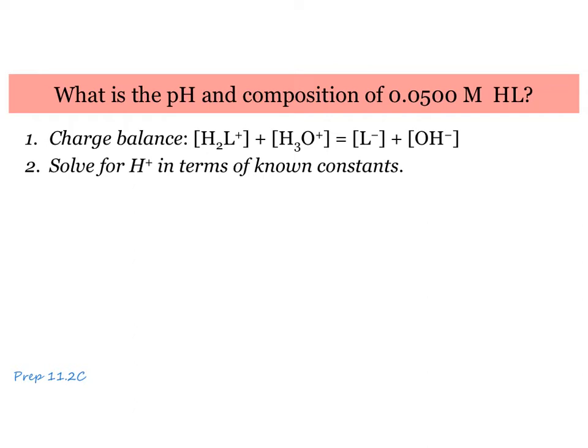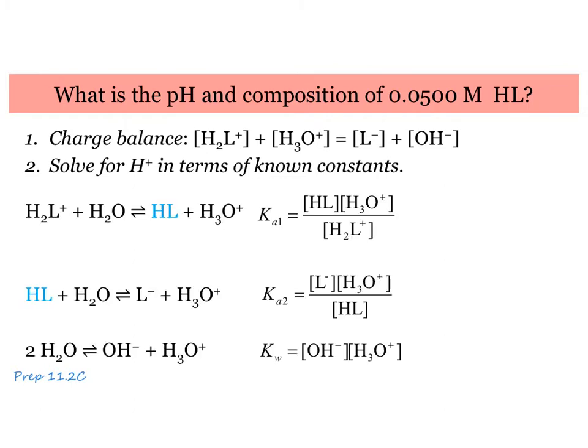The challenge becomes finding some way to express the concentrations of every single species in terms of protons, using the known chemistry of the substance in question. Let's start by writing out everything we know about this particular system. We are looking specifically for equations and equilibrium expressions that contain H2L+, L-, or hydroxide and hydronium ion, so that we can solve for everything in terms of protons.